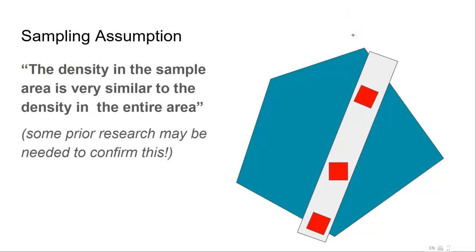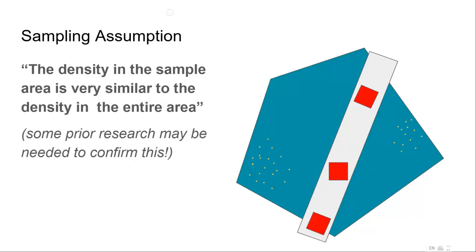And our sampling assumption is that density in the sample area is very similar to the density in the entire area. So if we had prior knowledge that all the milkweed was here and here, then we couldn't say that this assumption holds water, right?